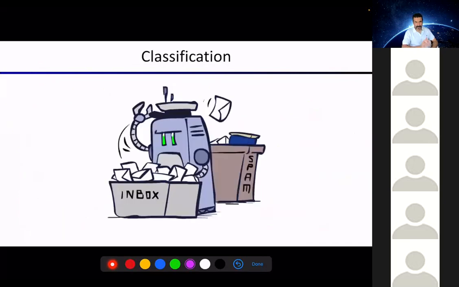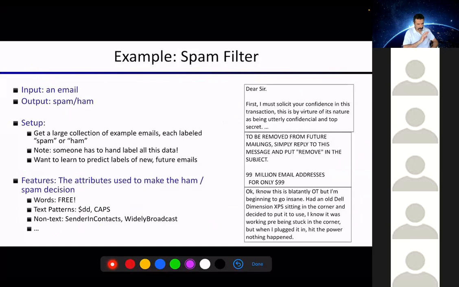So again, the same sort of classification, as you know, so I'm not going to talk about the details because we discussed it extensively. This could be a sort of email that you get, from text. So you look at the text, you extract some features, right?